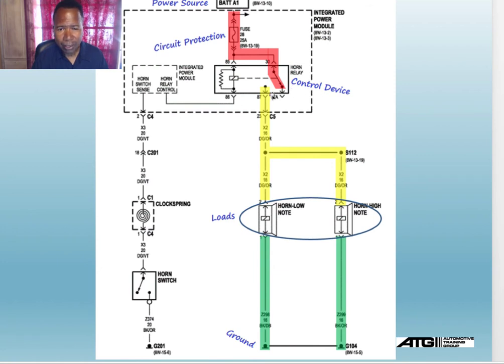But look at this side. Remember, as we said on the previous slide, this side won't work unless this side engages. So we have voltage going through this connector, through this coil, and out here to the integrated power module. It needs to have a ground for this. My ground is down here at the horn switch.